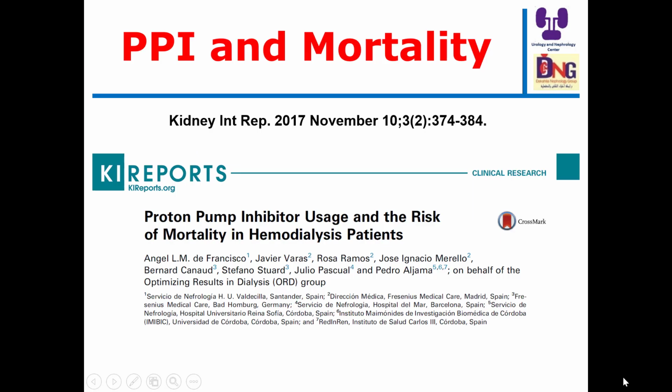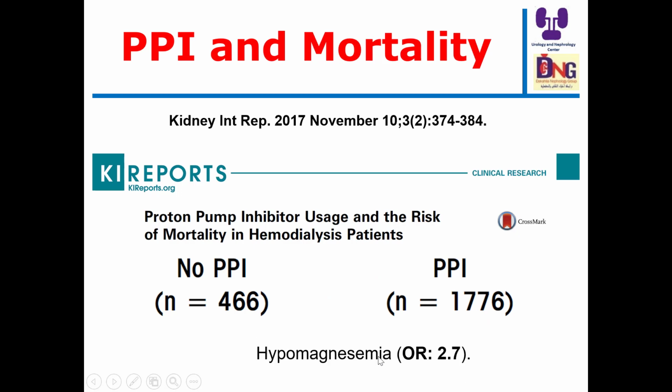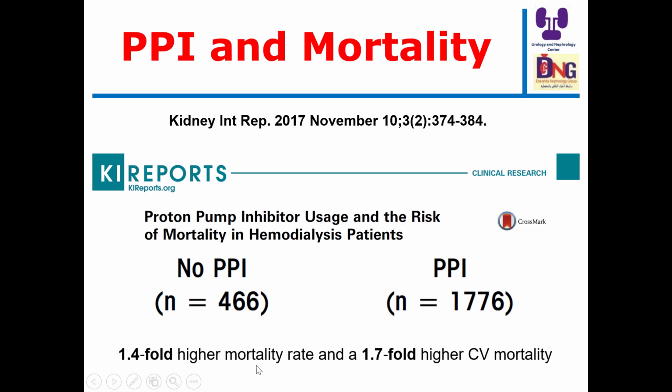Regarding drugs, we advocate against proton pump inhibitors in nephrology patients in general. Here in dialysis, proton pump inhibitor use was associated with increasing hazards of hypomagnesemia and mortality, either total mortality or cardiovascular related mortality.